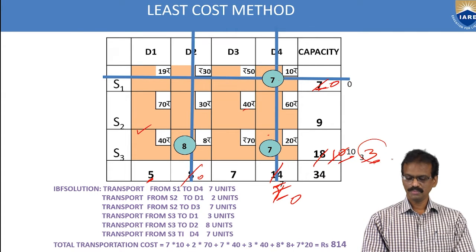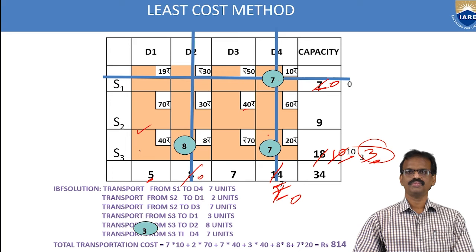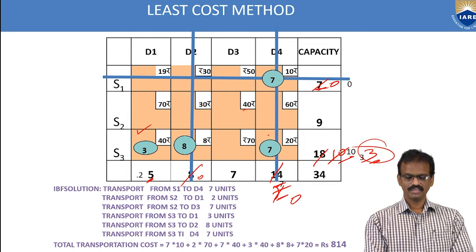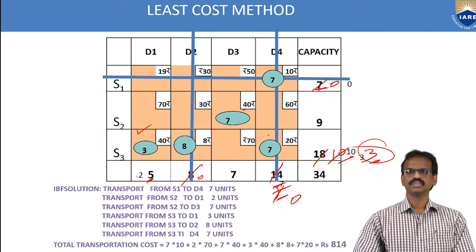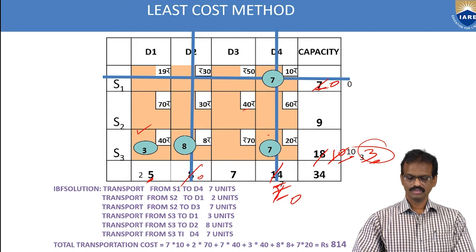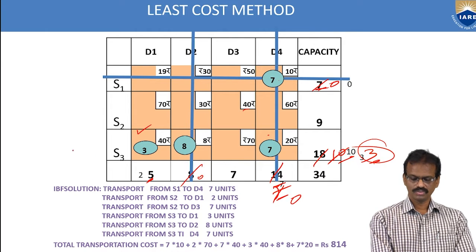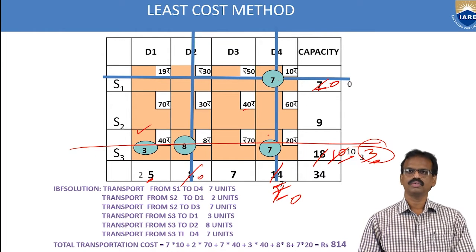So you have to allocate the minimum value. So 3 here. If you allocate 3 here, this 5 minus 3, so remaining value is equal to 2. Okay. Then this total row will be cancelled.